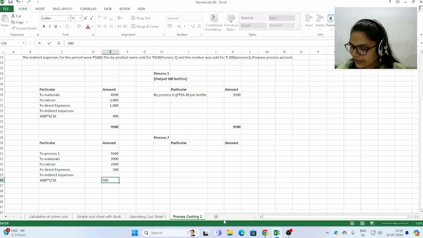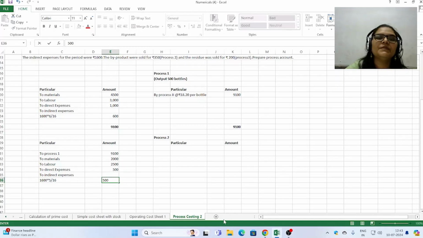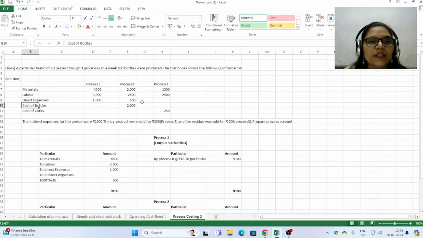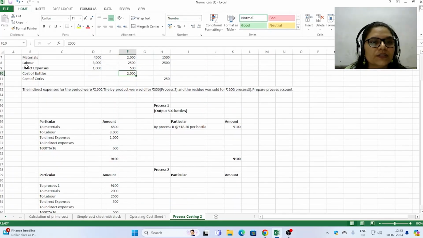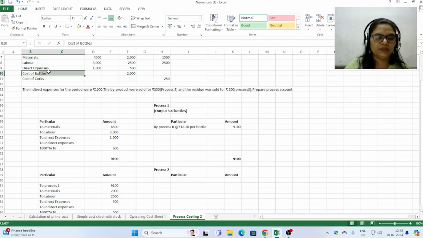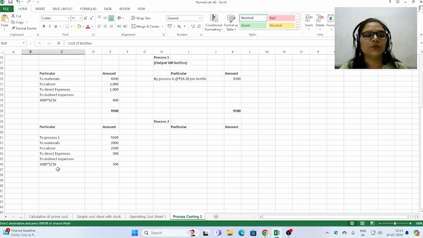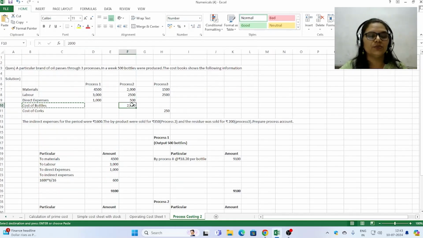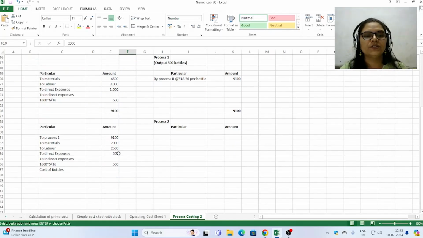Now what they are saying, so the cost of bottles will come out to be 2000. It has been mentioned in the question, as you can see, cost of bottle in process 2 is 2000. So we will record, as it has been shown, that additional cost of bottles is 2000 in process 2. So it becomes mandatory for us to mention this 2000 cost in process 2.